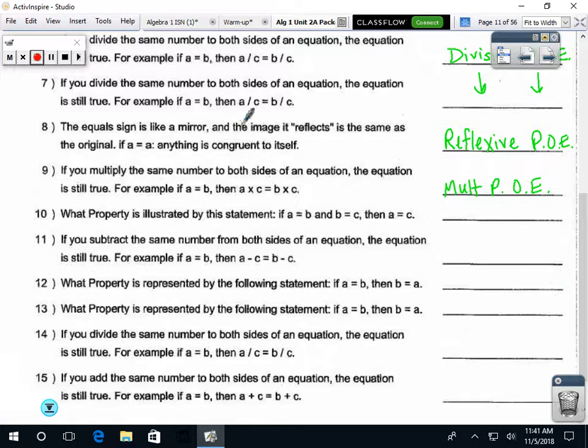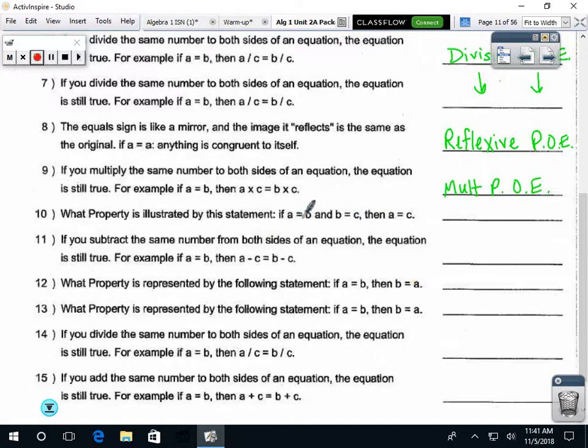You got to catch up. Trying to think of something else. Okay, number 10.